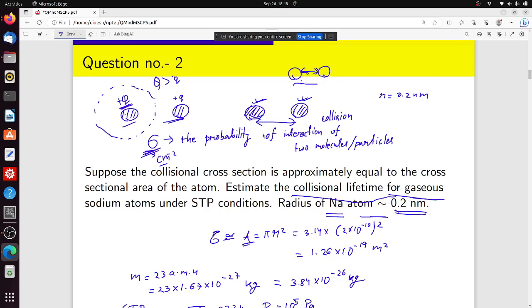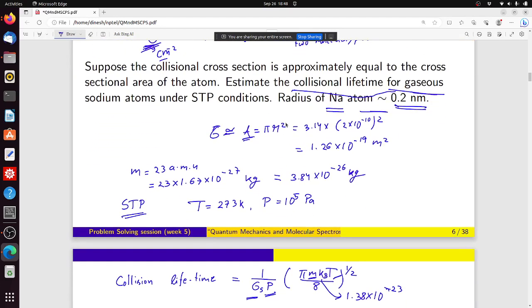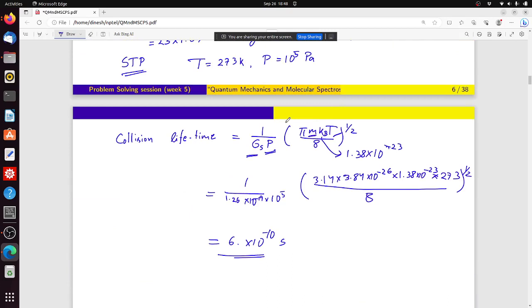This collision frequency is measured in terms of this collision lifetime, whose formula is given like this, and it depends on the temperature of the surrounding, mass of the particles, pressure from external sources, and the cross section of interaction. So if we put all the values, we will get the collision lifetime to be this much.